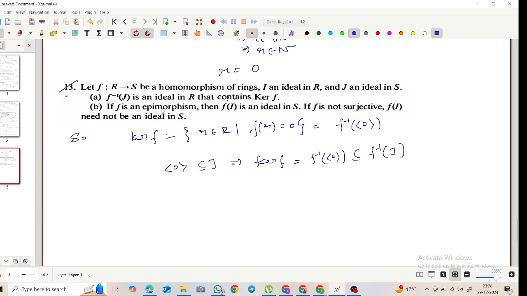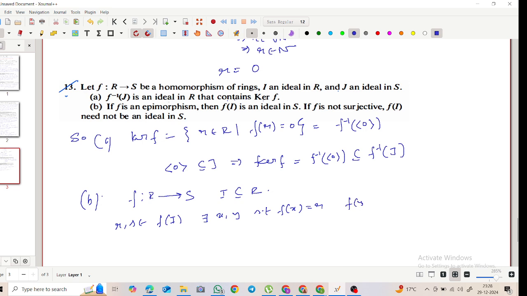If f is an epimorphism, then f(I) is an ideal of S. Epimorphism means f is surjective. So suppose f from R to S is surjective, then I is an ideal of R. Okay. So suppose r and s belong to f(I). So there exist x, y such that f(x) equals r and f(y) equals s because f is surjective.